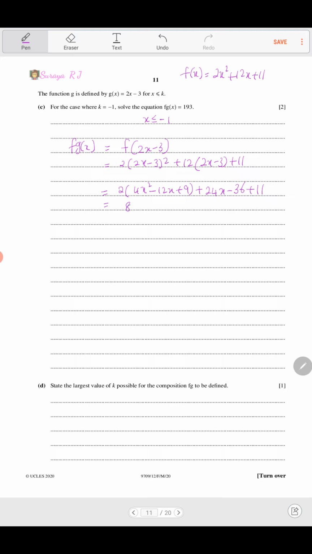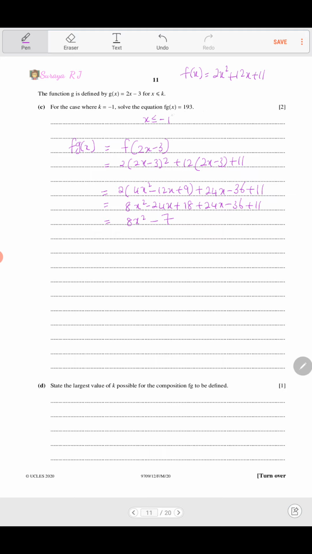So it's 8x squared minus 24x plus 18 plus 24x minus 36 plus 11. And we obtain 8x squared, minus 24x plus 24x gives us 0, and 18 minus 36 is minus 18, plus 11 is minus 7. This is fg of x.